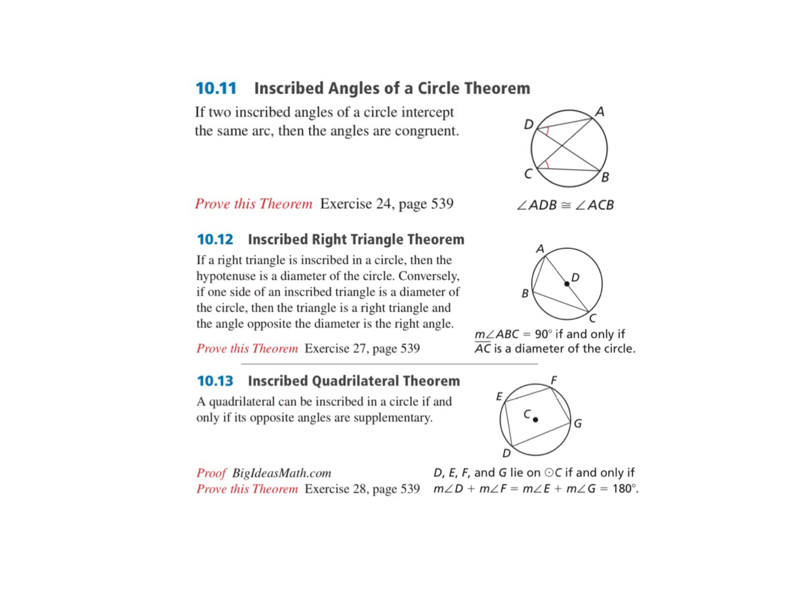So if angle ABC, this angle right here, is 90 degrees, that's 90 if and only if the hypotenuse is your diameter. Now, a quadrilateral inscribed in a circle, that means angle D and angle F are opposite each other, and angle E and angle G are opposite each other. Those two add up to 180, and these two add up to 180.